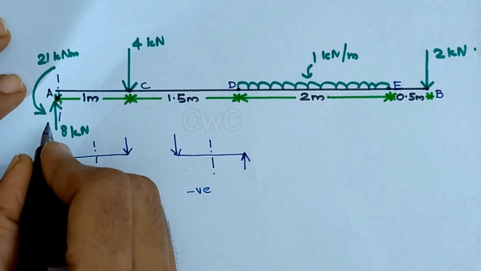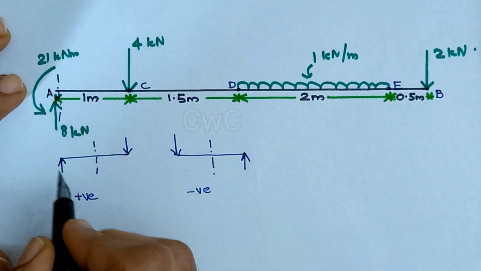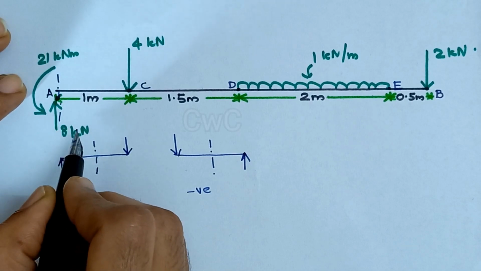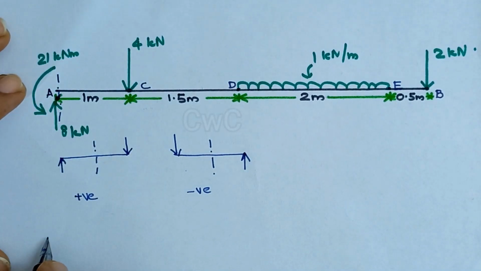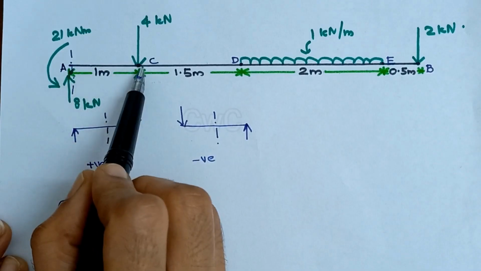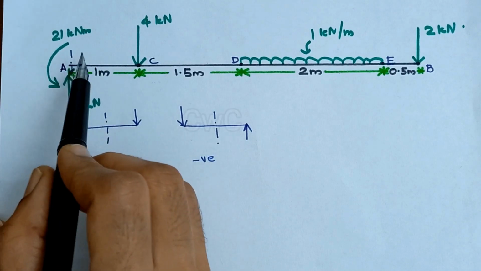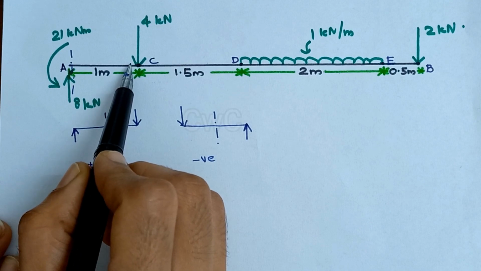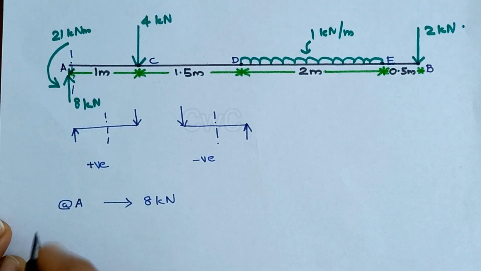So there is only one upward force and at the left of the section upward force gives positive shear. So we can write at A shear is 8 kilonewton. From A to C there is no other force.